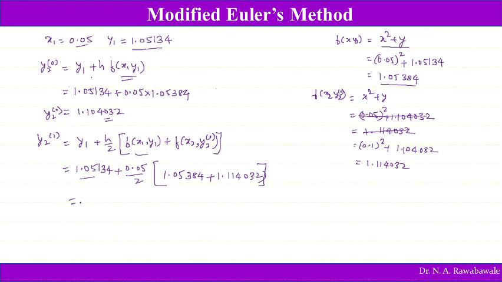On simplification we get this as 1.1055.